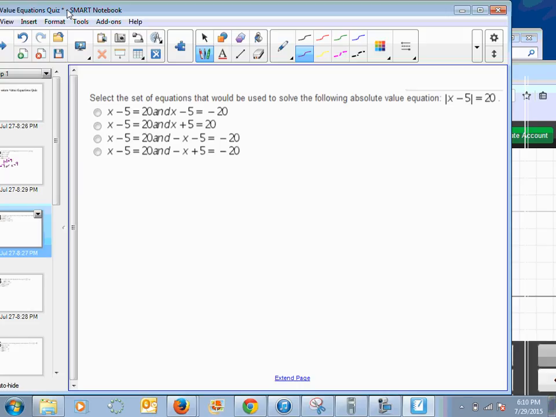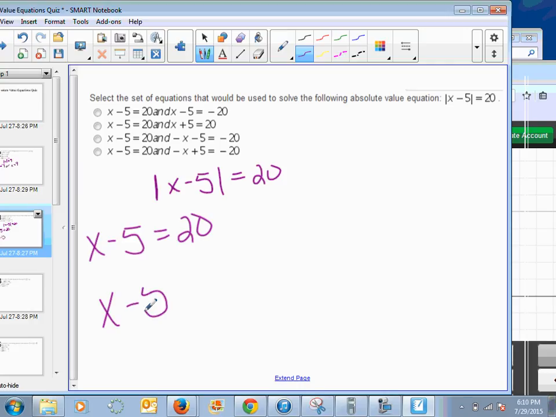So if you've got the absolute value of what we're looking at here, x minus 5 equals 20, all right, so what that means is your two equations that we're going to look at solving are x minus 5 is equal to 20, or x minus 5 is equal to negative 20.